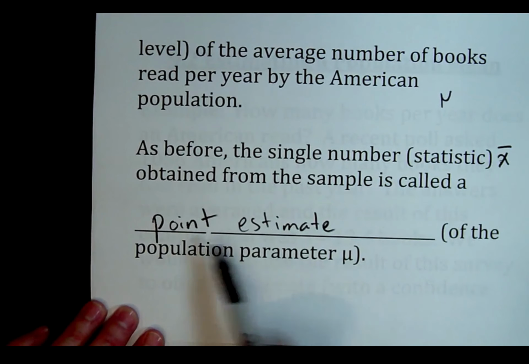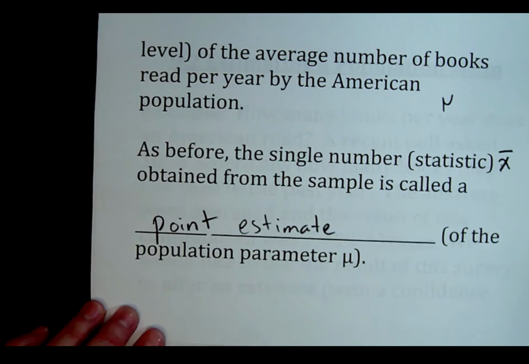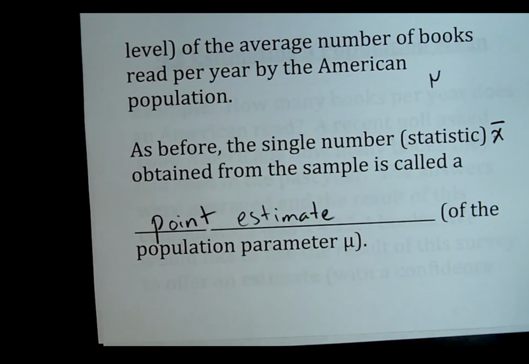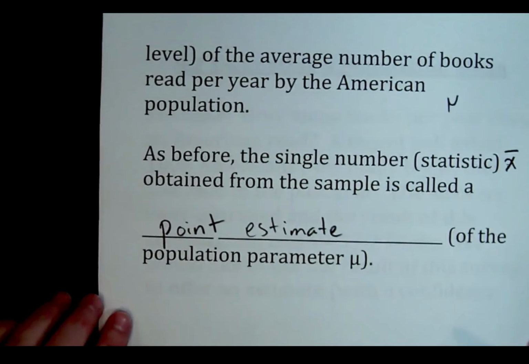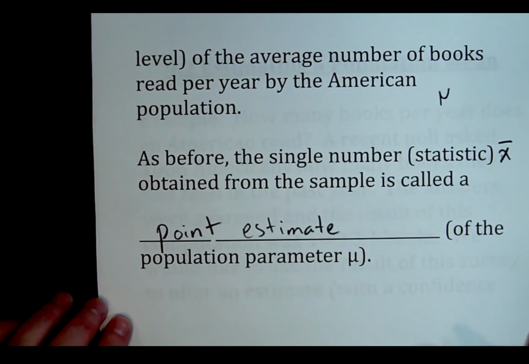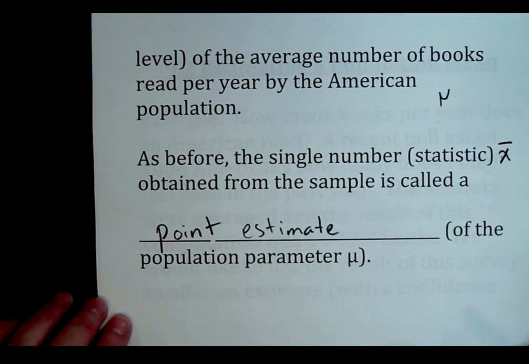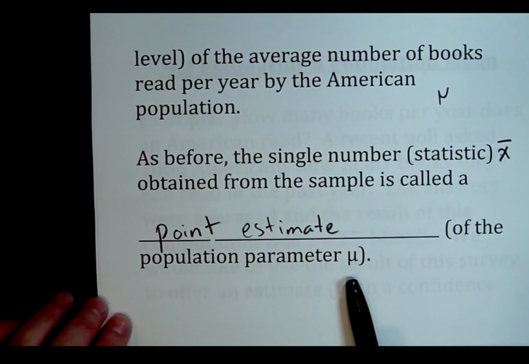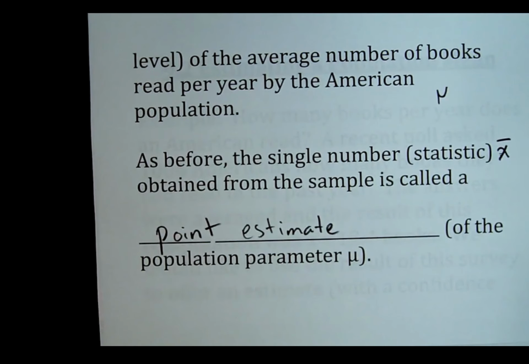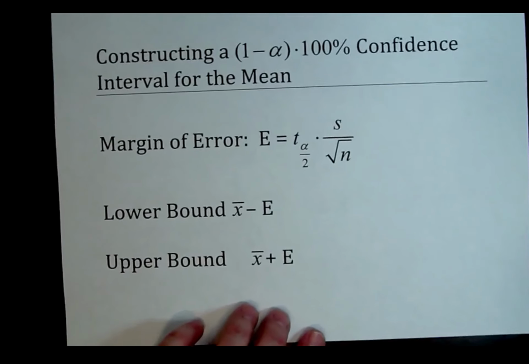So we have a single number, a point estimate of the population parameter, but we'd like to give a range of values that we think mu might fall into, and in doing that we can give an estimate of our confidence of the procedure of our estimate for mu.